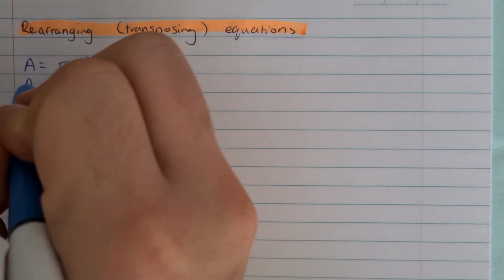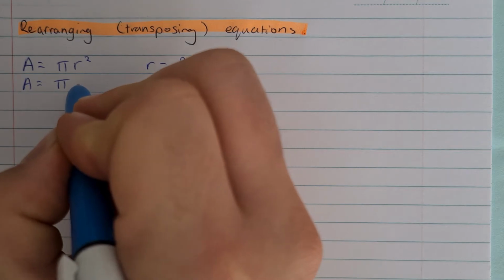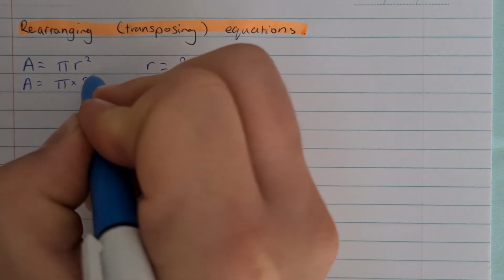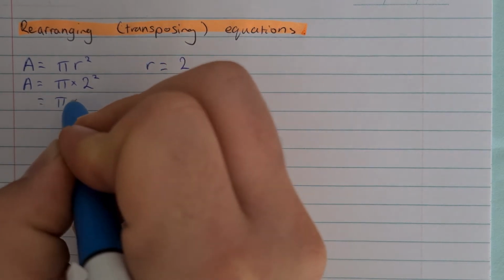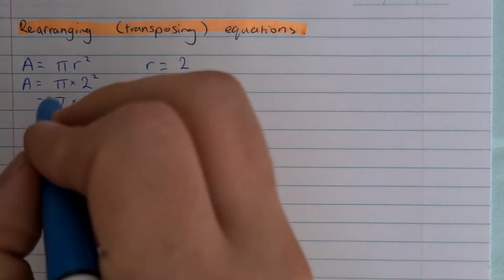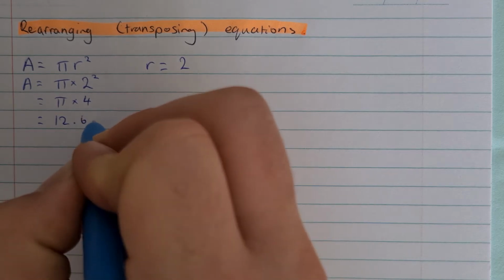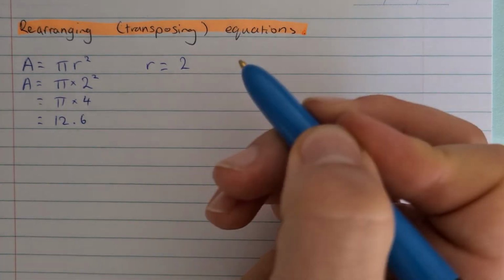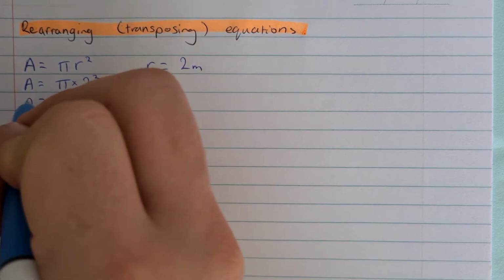So our formula becomes area is equal to pi times 2 squared. We get pi times 4, and if we put that in our calculators, the area of that circle would be around 12.6, and whatever the units were, let's say they were meters squared.